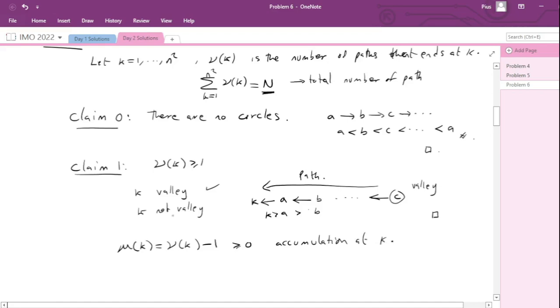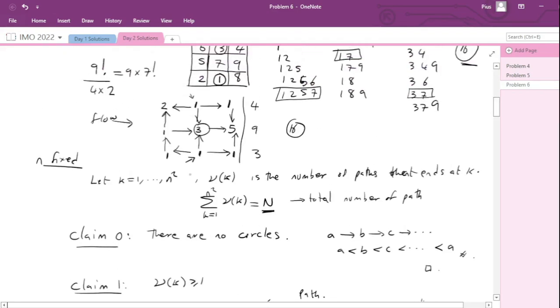This means that all of them have at least one path, but some could have more. So this measures the extra paths we get. Why we'll be interested in this is because, for example, when n is 3, we will need at least 9 paths, because each of these will have a number that's at least 1. How much bigger it can get than that will depend on how much higher some of these numbers could grow.